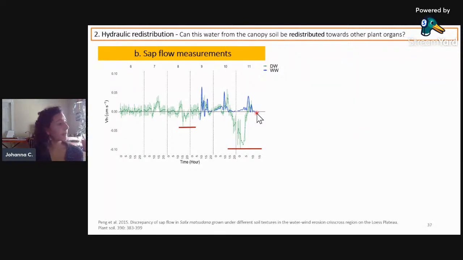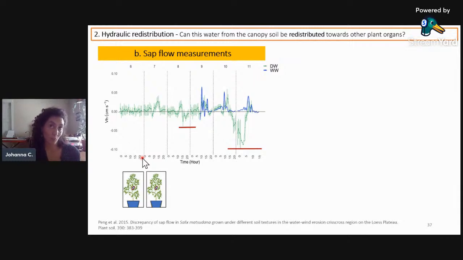So this is critical to explain. Just remember, we started with our plants, all of them well watered at the beginning before we set up the treatments. And so it's probable that these plants with the canopy soil, on day 6 and 7, were still having some available water in the pot, and they were acting as normal because they had more water available at the pot level.